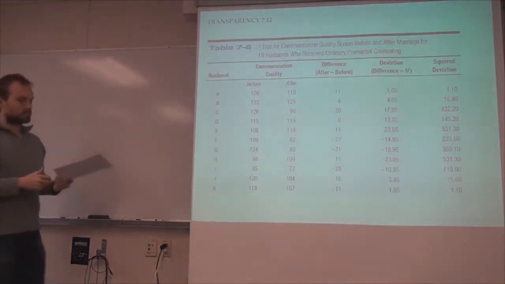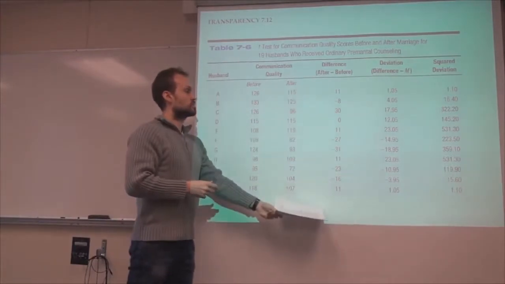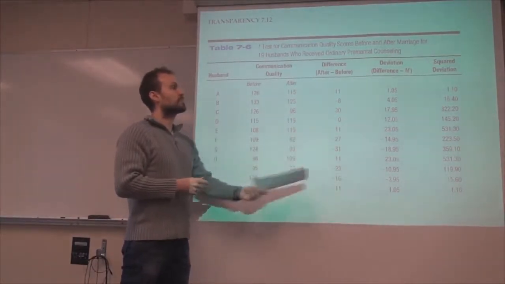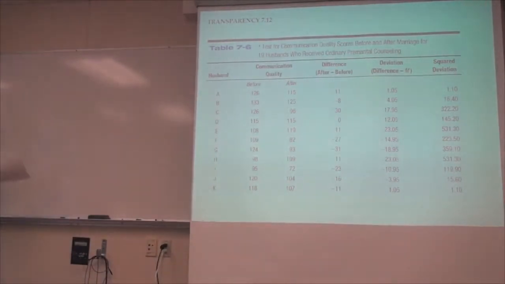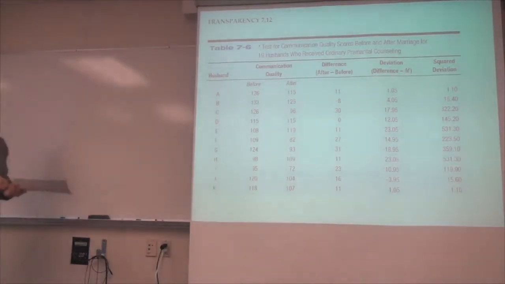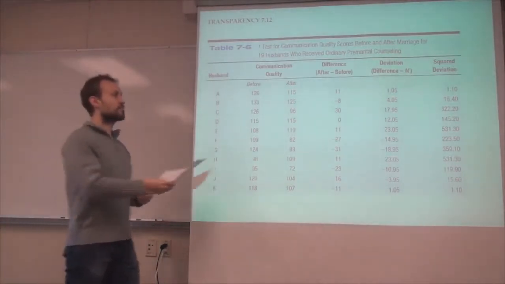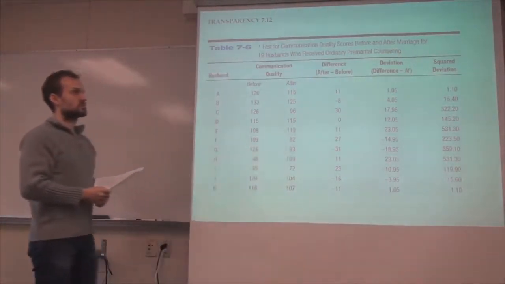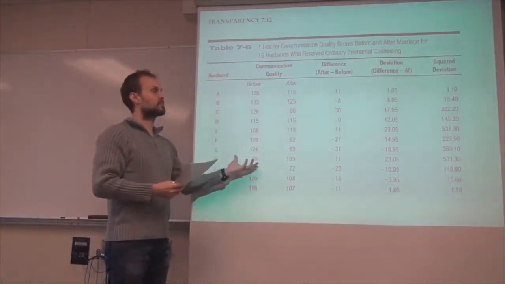So I now want to look at the difference scores and compare my sample of difference scores to the distribution of all possible difference scores that I could get. So my comparison distribution that I'm going to use for my test is going to come from the difference scores, so that I can sort of combine the before and after.